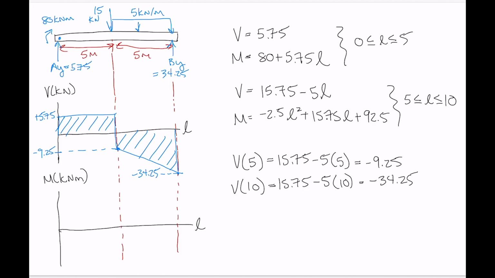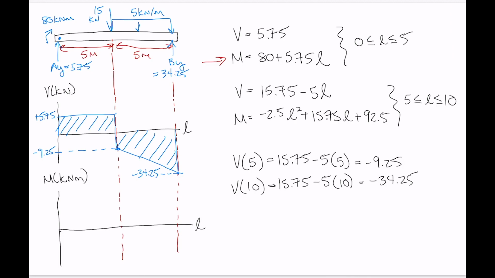So now let's move on to the moment diagram. So again, start with the first equation here that takes us from 0 to 5 meters. And in this case, we've got a linear line with a positive slope of 5.75. So do exactly the same thing that we did with the shear diagram. Whenever you have a linear line, it's nice to know where you start and where you're going to, and then just connect them with a straight line.